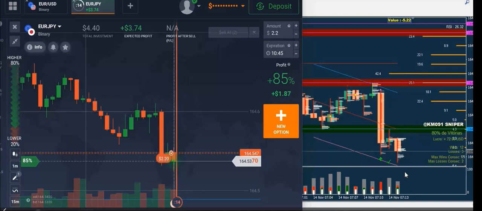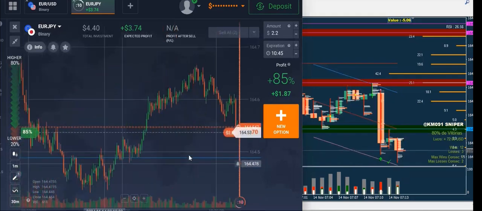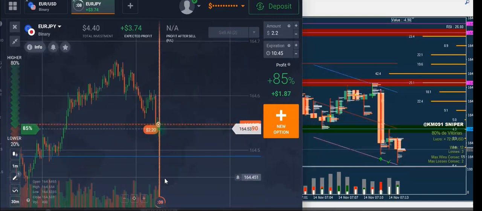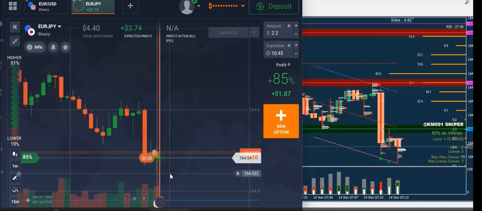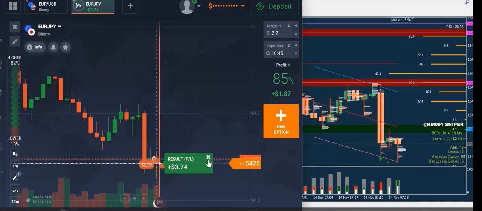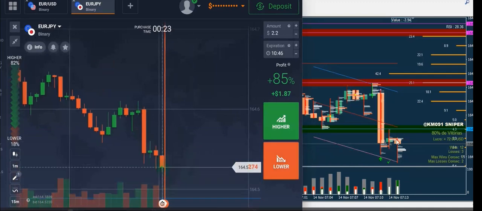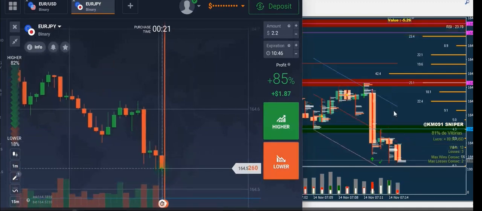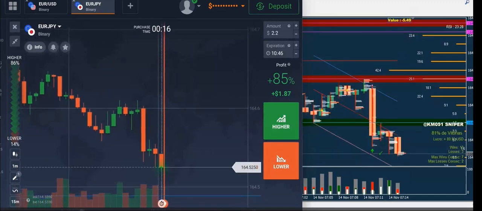Now, keep on analyzing the things. Should a sell trade or a buy trade be placed here?